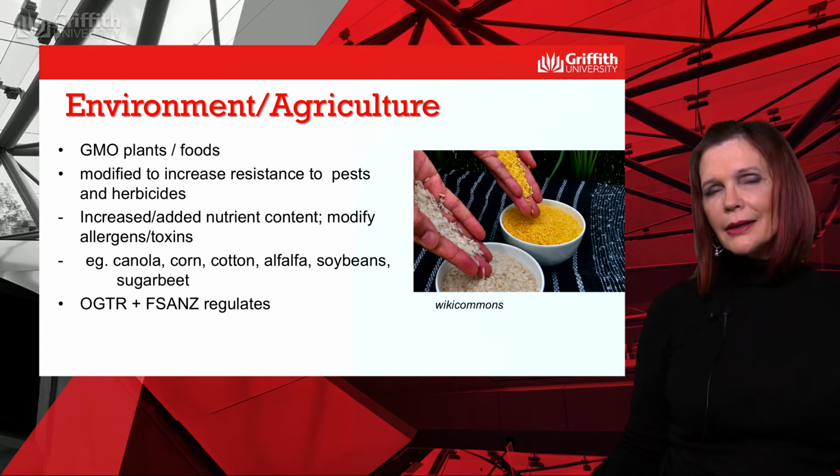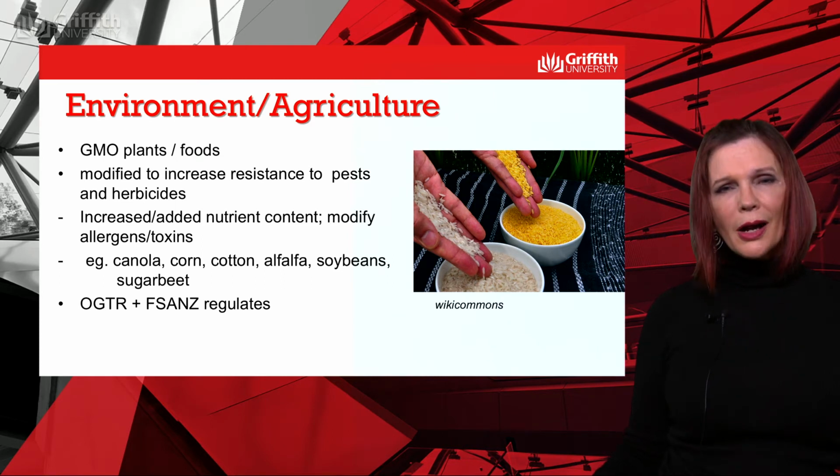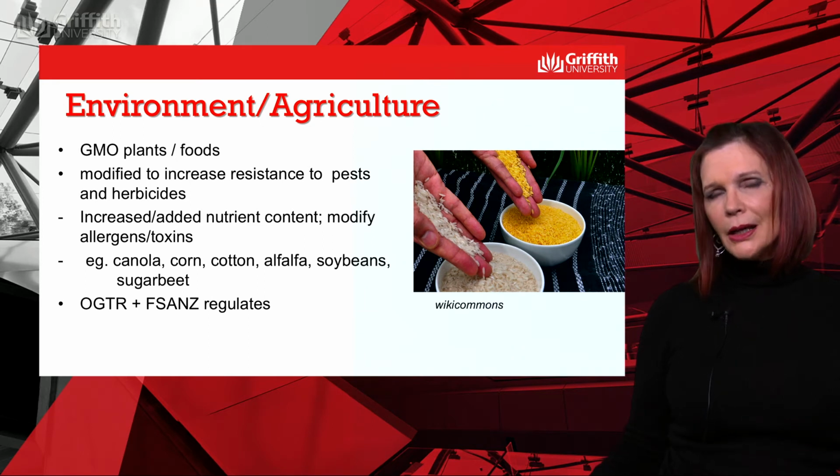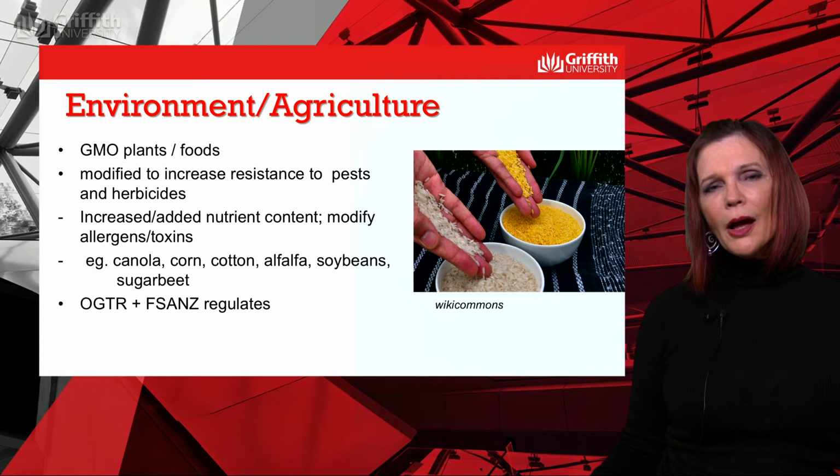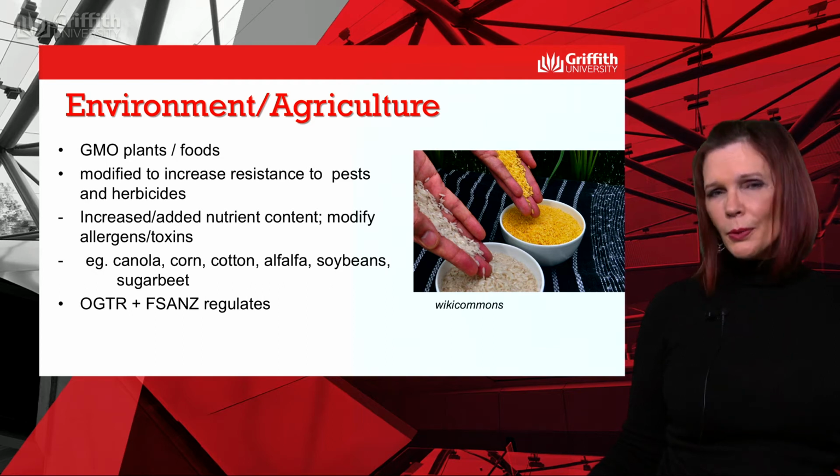As mentioned earlier, a great example is golden rice, developed to express genes that produce vitamin A. Vitamin A deficiency is the cause of blindness and a big problem in many developing countries.